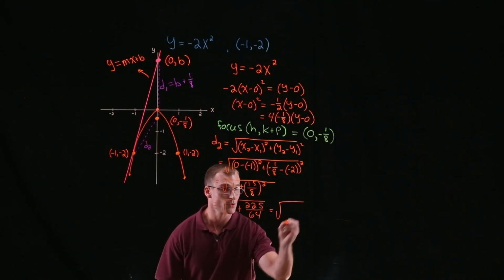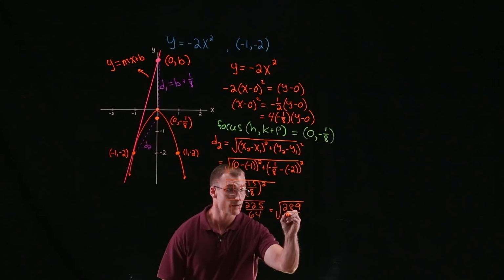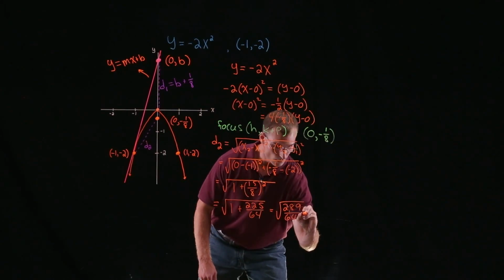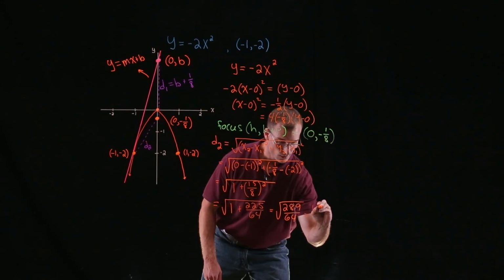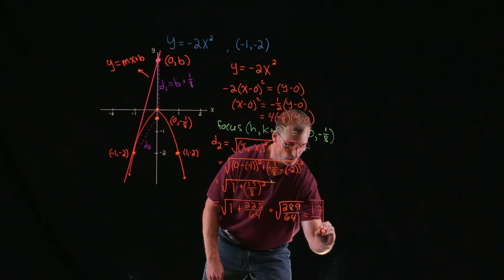So 64 plus 225 gives us, say, 289 over 64, which, taking the square root, will give us 17 over 8.